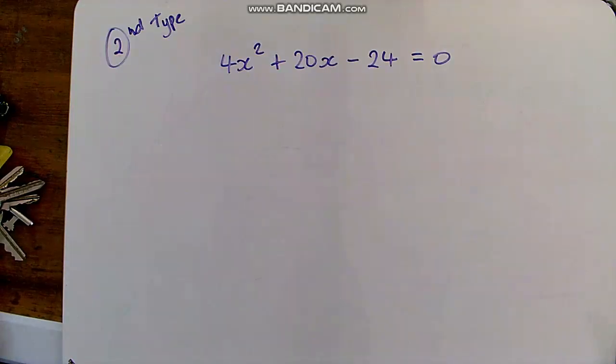Now notice the second type that I'm dealing with here, these are equations. Do note that there's an equal to sign. So the first line of factorization is not really just to start factorizing into brackets, but first we should consider if there is a common factor in those three terms. So when we're saying a common factor, there must be a factor that is common to each one of those terms.